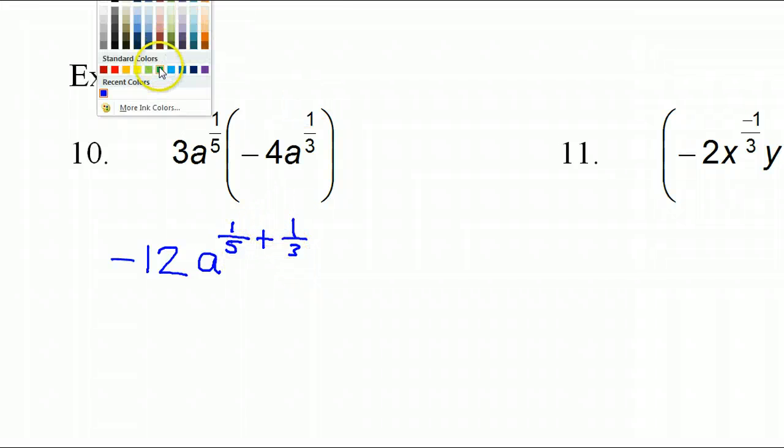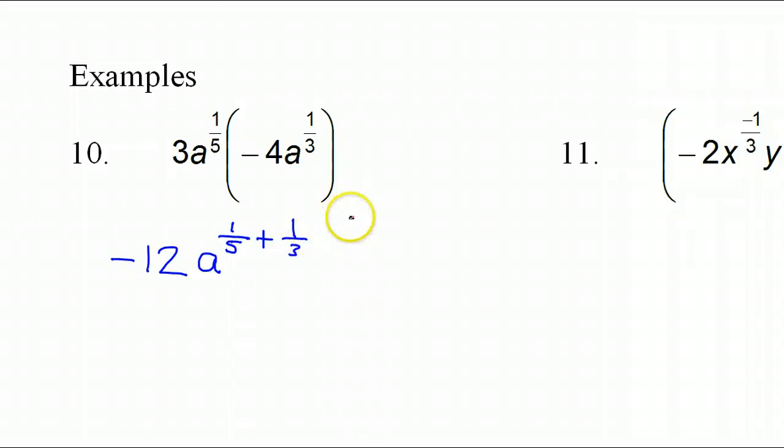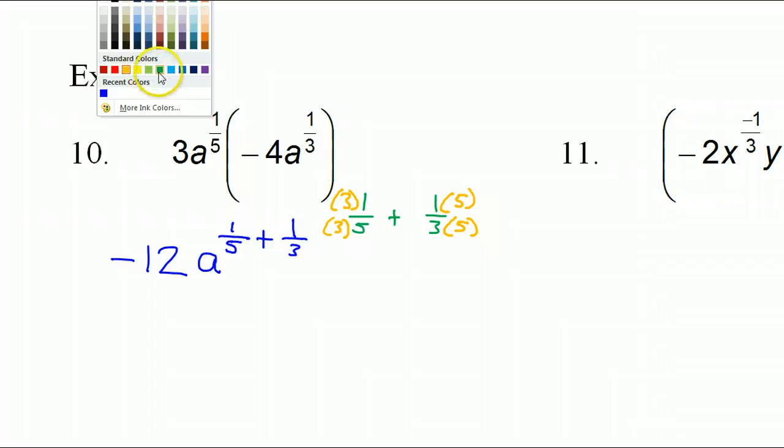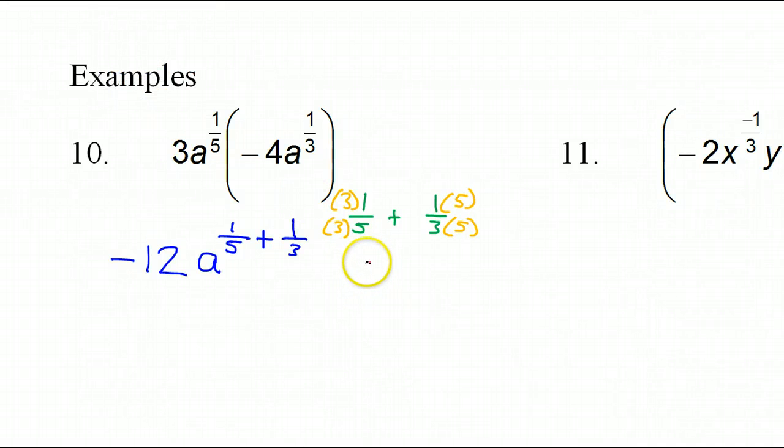Off to the side, to make those denominators the same, perhaps we multiply by 3 here, and how about if we multiply by 5 here? That's going to give us 3/15 plus 5/15, so that is going to be 8/15. That is how you add those fractions.